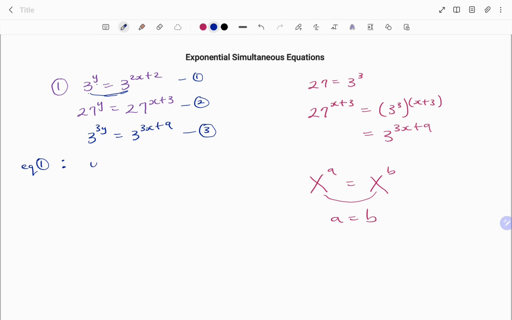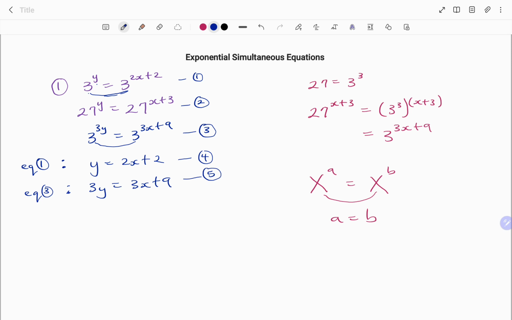So y equals 2x plus 2. That will be my fourth equation. Likewise, from my equation 3, which is my second equation now, because the bases are the same, I'm going to equate the powers. I have 3y equals 3x plus 9. That will be my equation 5.